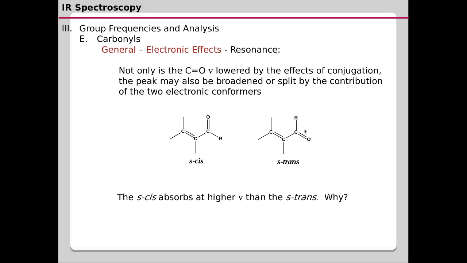So the key factor here is the overlap of the 2p orbitals on these four atoms, and the plane. If both the molecules are planar, then we shall expect the same extent of delocalization or conjugation that results in the same extent of reduction in the oscillation frequency of the carbonyl functional groups.